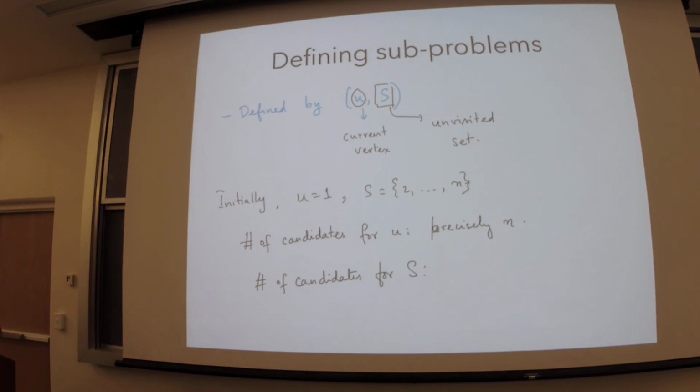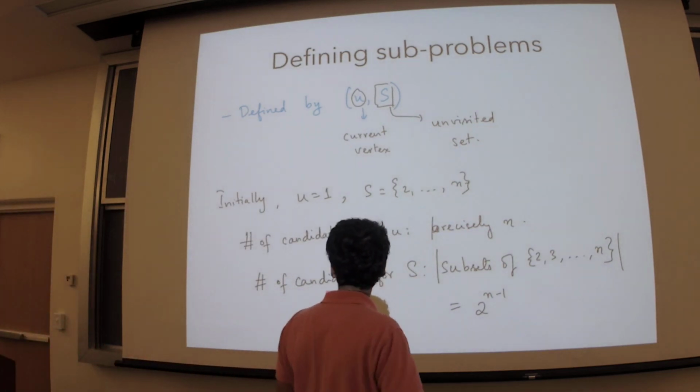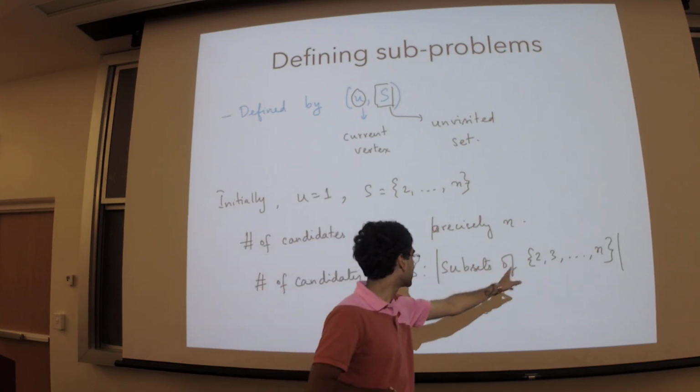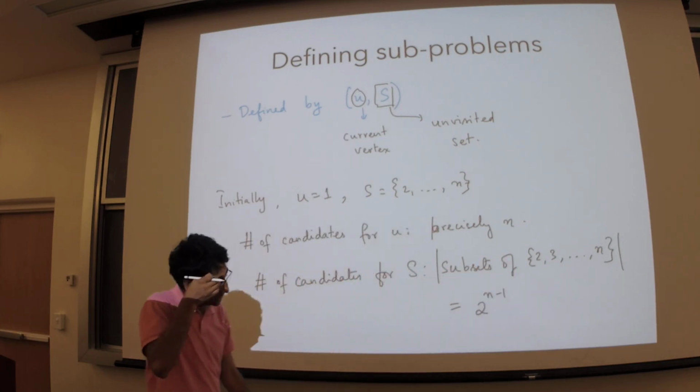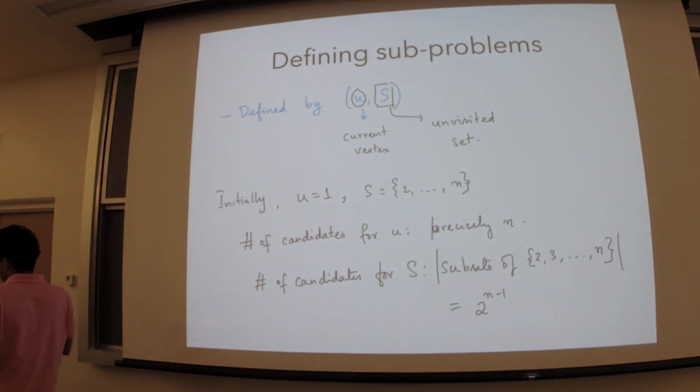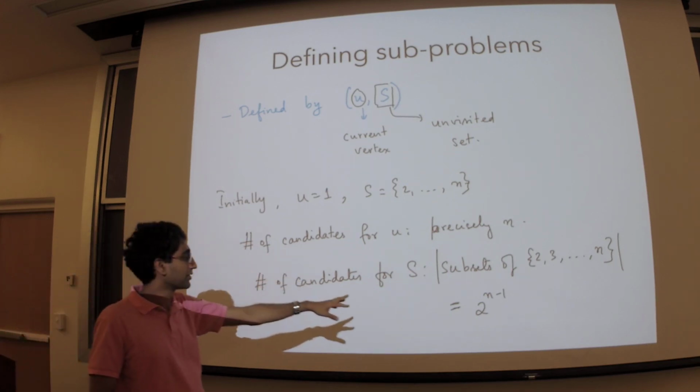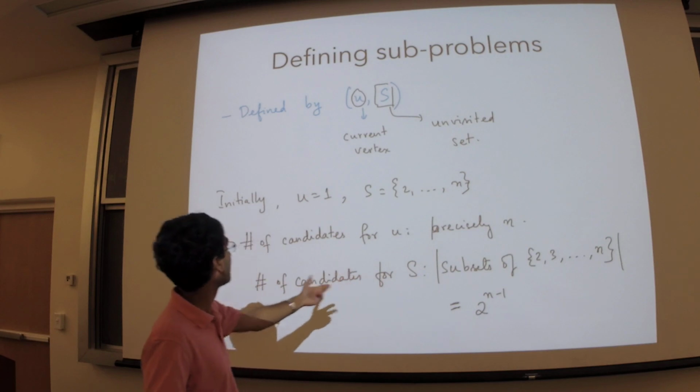So these are just subsets of 2 through n, and the number of them is 2 to the n minus 1. In principle, not all of them may be reachable, but in this case, all of them could potentially. So this is exactly the number of subproblems.